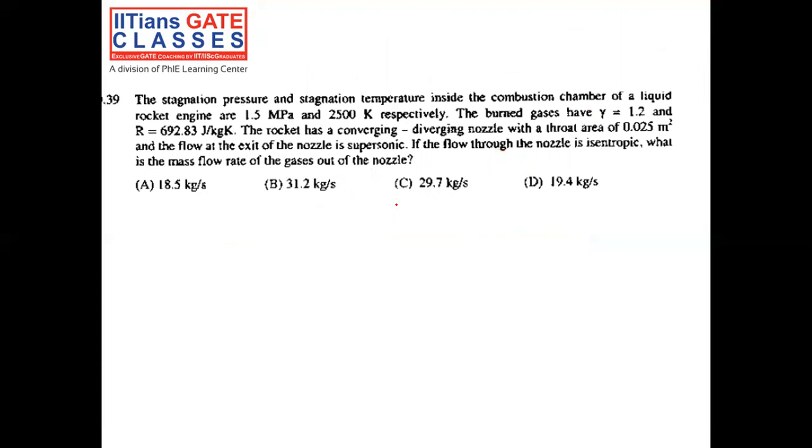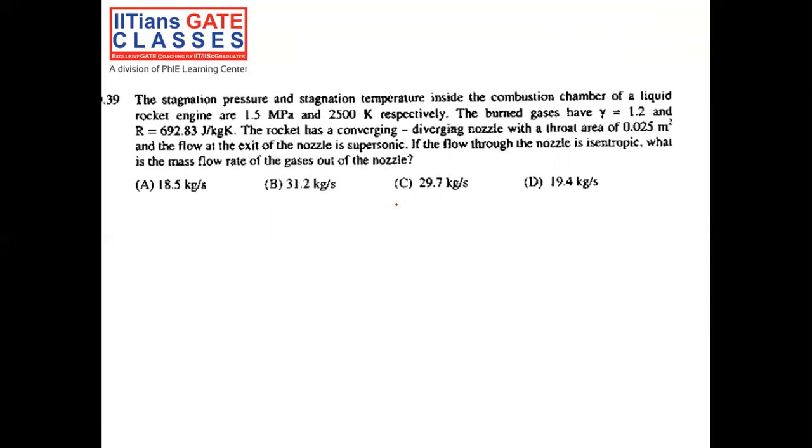Next question. The stagnation pressure and the stagnation temperature inside the combustion chamber of a liquid rocket engine are 1.5 megapascal and 2500 Kelvin respectively. The burned gas has gamma of 1.2 and R of 692.83.